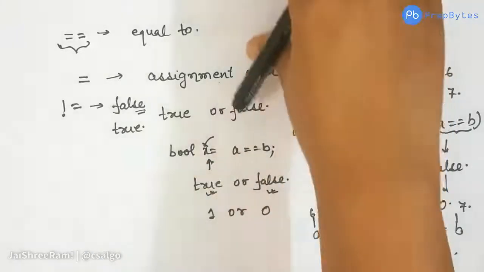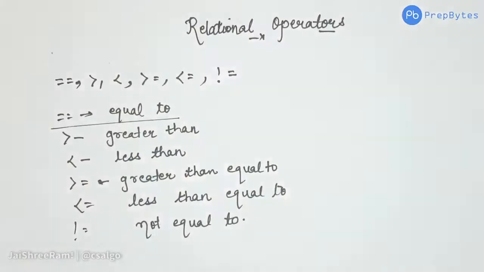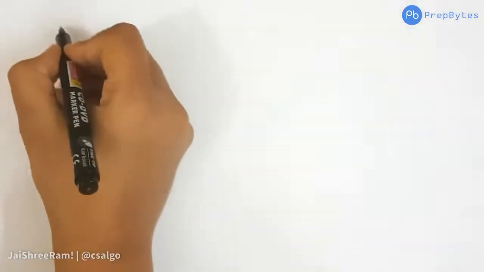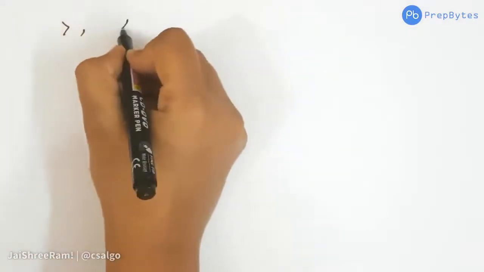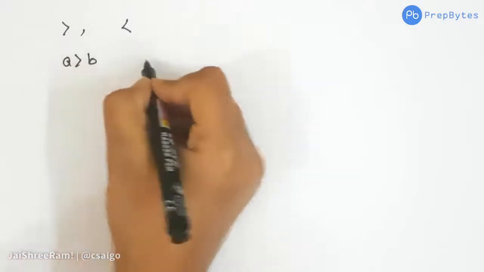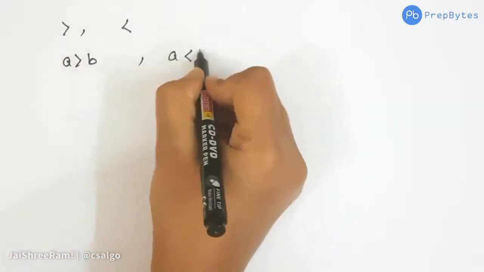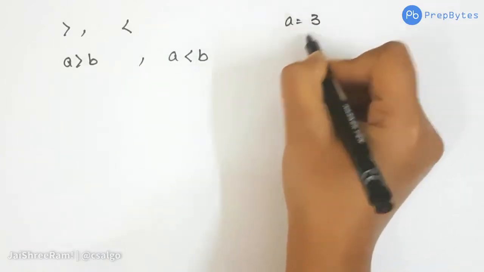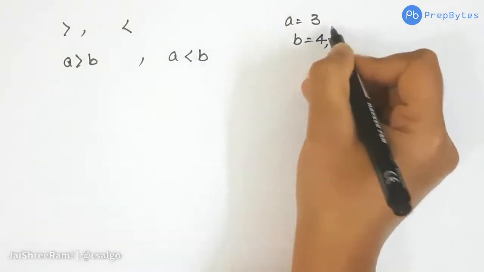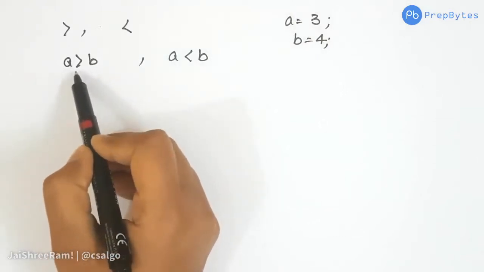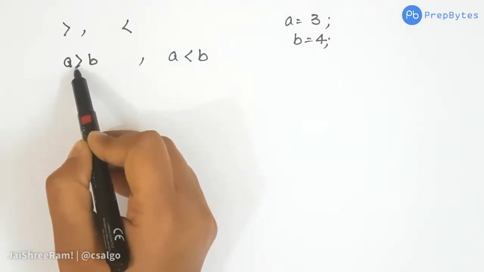Let's go on to see the next operators, greater than and less than. So if I do something like a > b and a < b, let's say the value of a is 3 and b is 4. So here it checks whether a is greater than b or not.